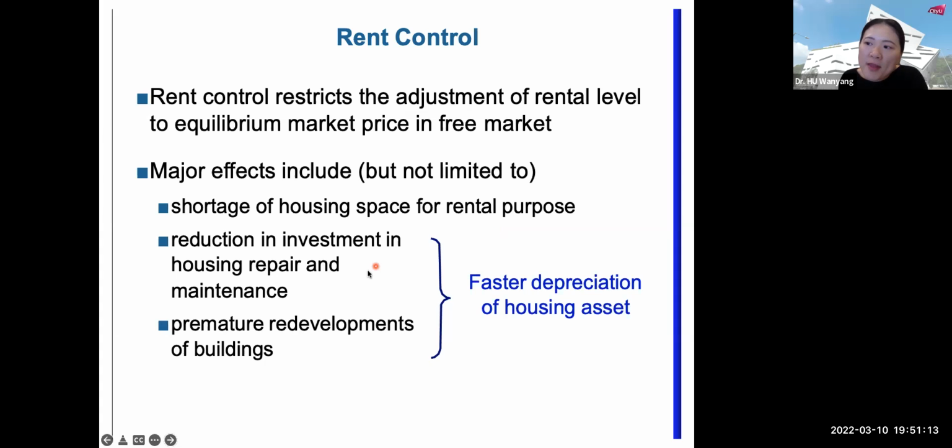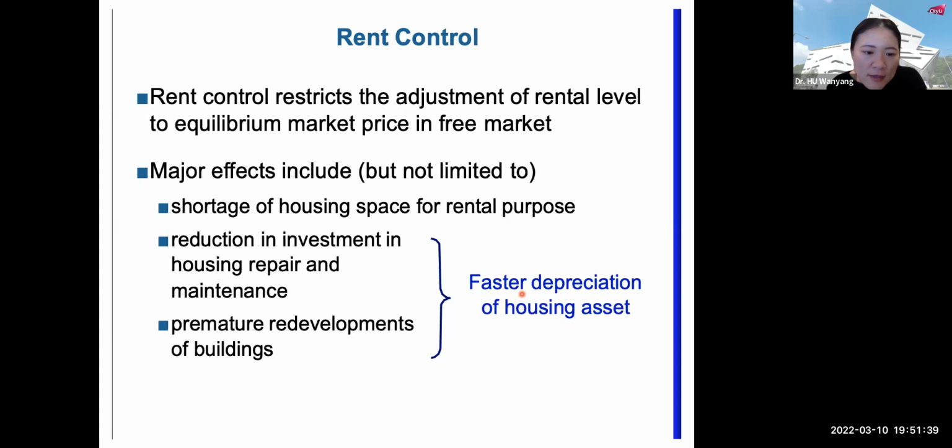They will reduce investment in housing repair and maintenance, because now they receive less rental income, right? And it may also lead to the premature redevelopment of buildings. All of this will lead to a faster depreciation of the housing asset.